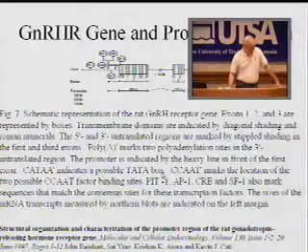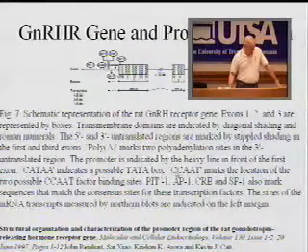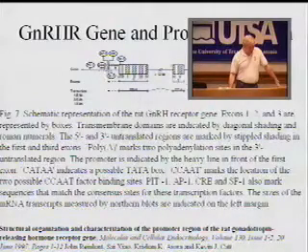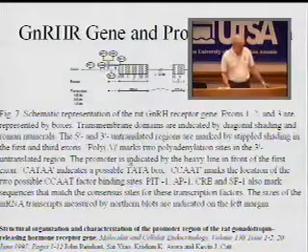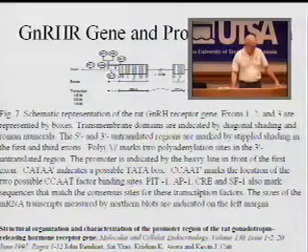In addition, note that there's a CATAA that indicates a possible TATA box, and then out here a CCAAT that marks the location of 2 possible CCAAT factor binding sites, and we'll see the significance of that in a moment.